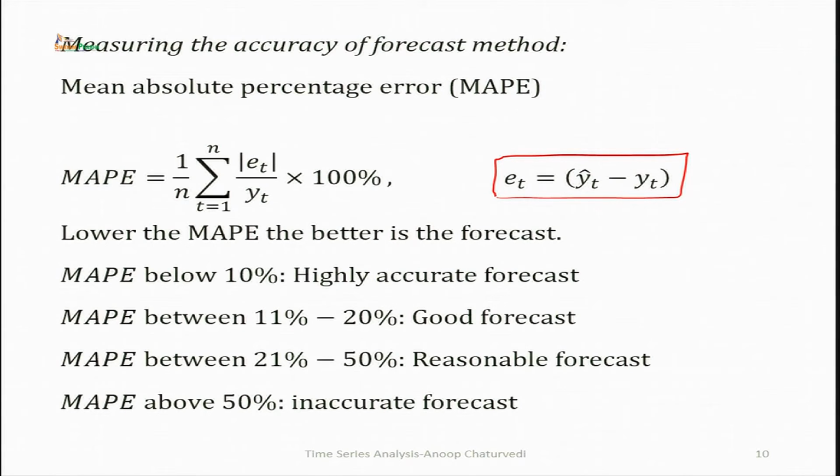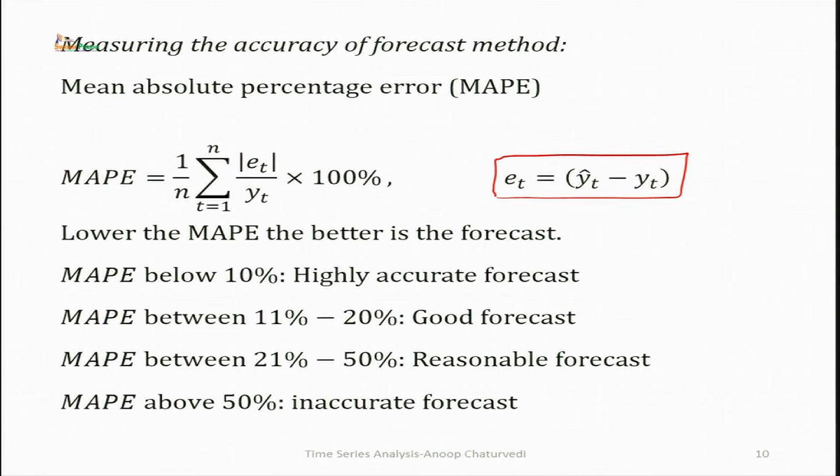So, you get mean absolute percentage error. So, this is a measure of accuracy of forecast, and the lower the MAPE, the better is the forecast. Usually MAPE below 10% is considered as highly accurate forecast.